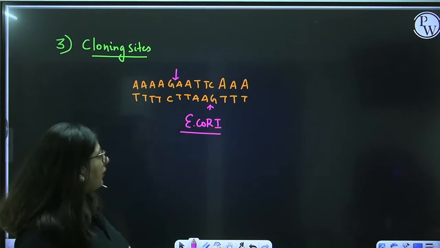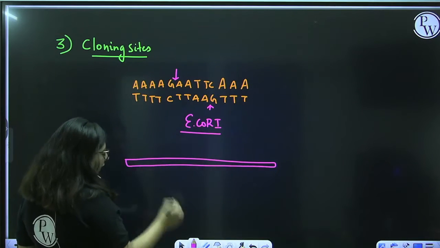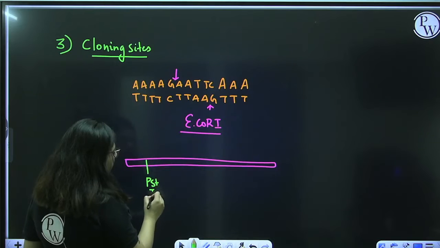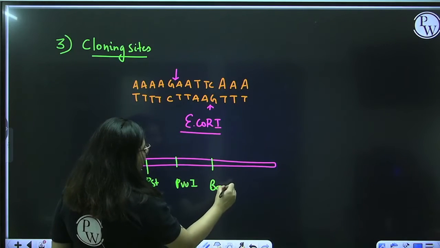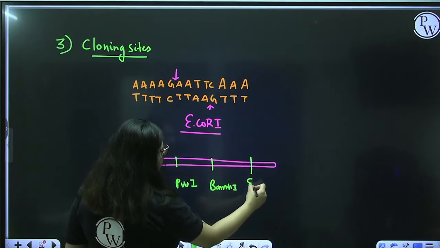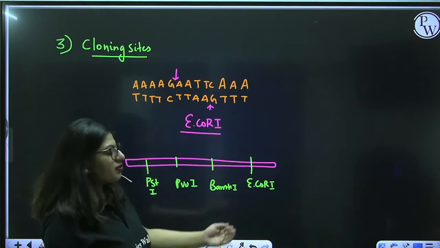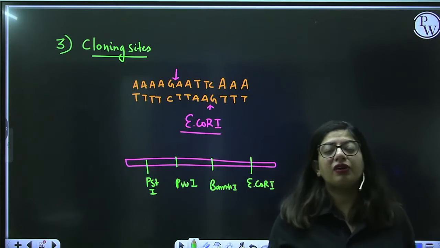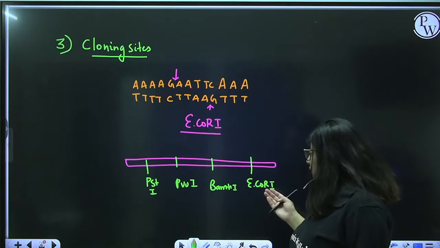For example, imagine this is a piece of DNA I have. If it has restriction sites for PstI, PvuI, BamHI, EcoRI, then it's a good one. I have a lot of different types of restriction enzymes. Now I can put any kind of foreign DNA, because you never know, your foreign DNA might get cut with EcoRI.